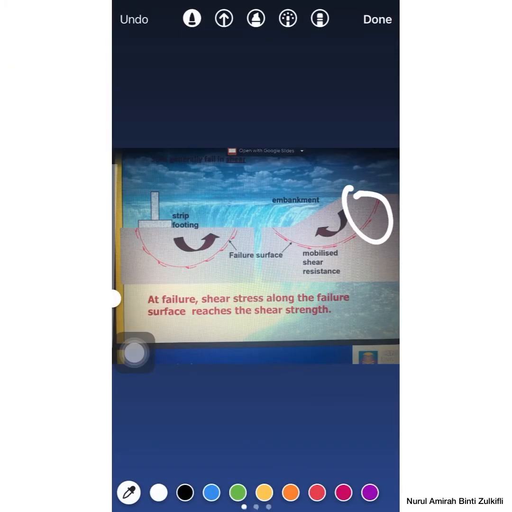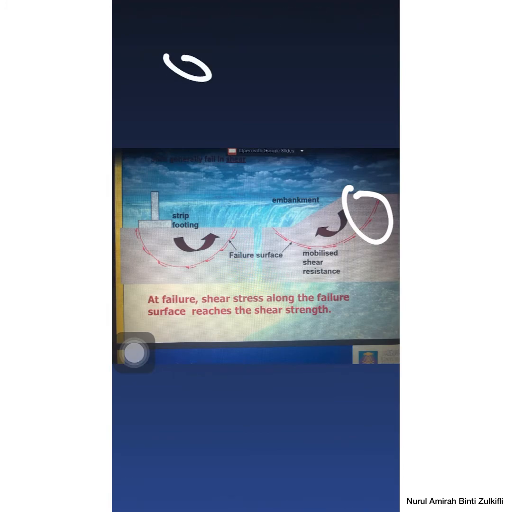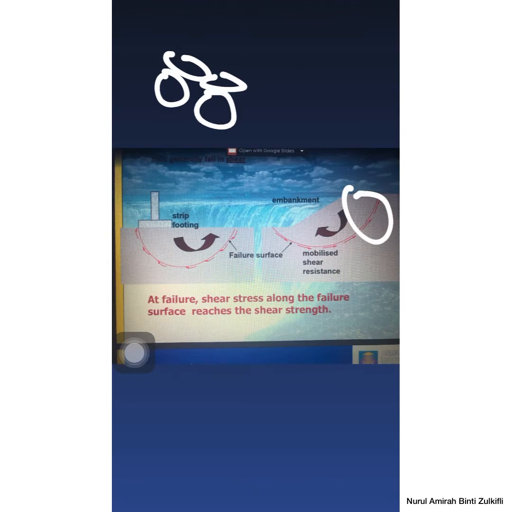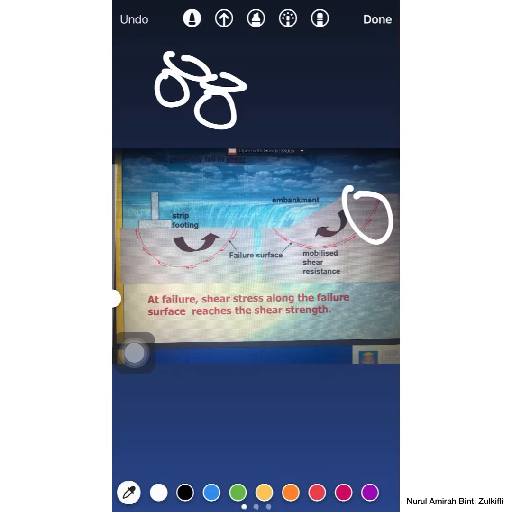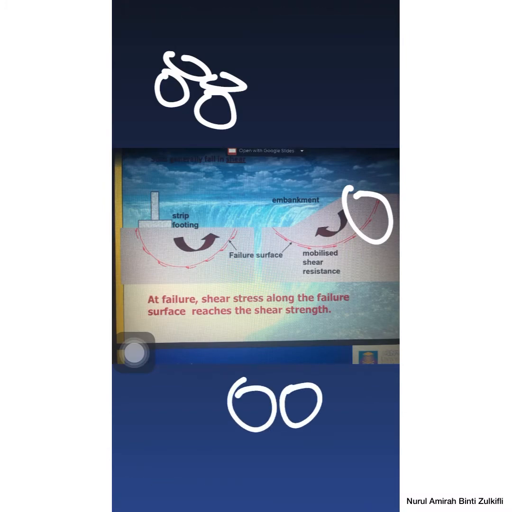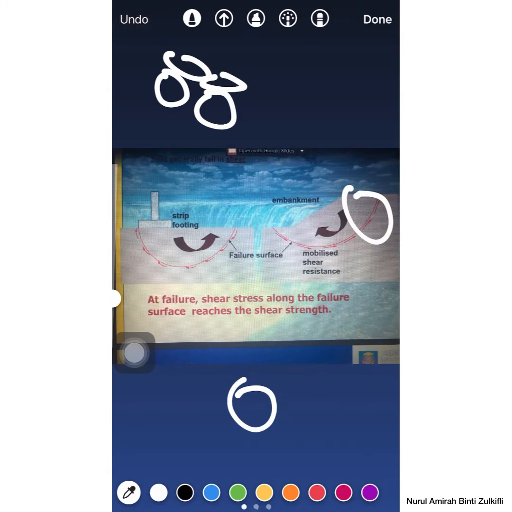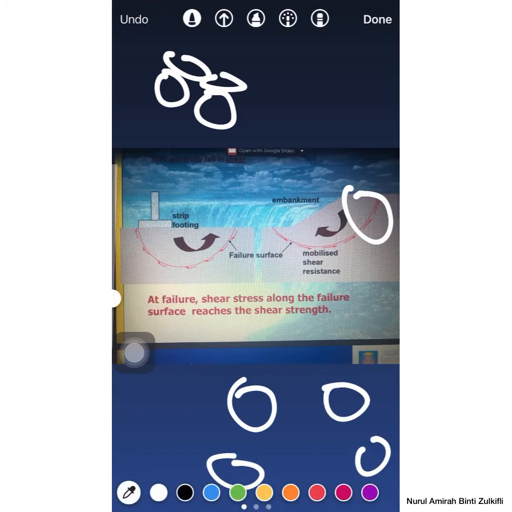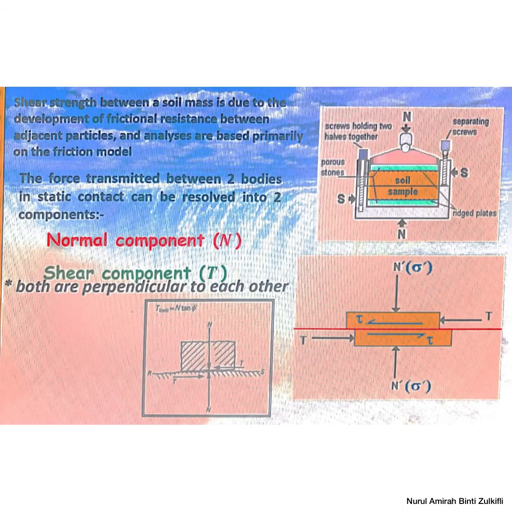Before the shear stress reaches the maximum, the particles are bonded together. When shear stress happens, the soil particles slide over each other like this, and they don't have any bonding, as I learned in the subject Solid.